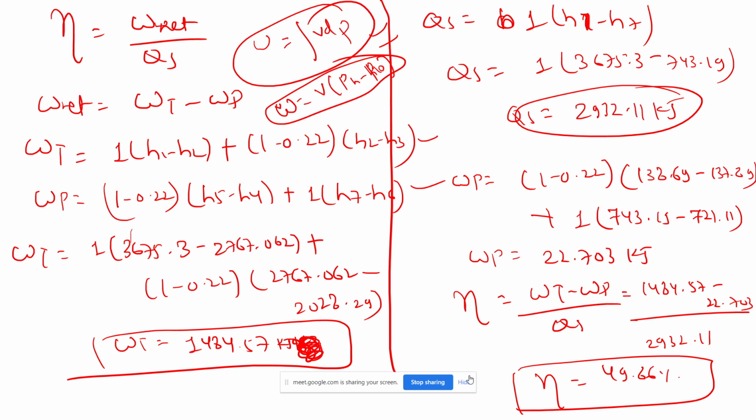In most problems they won't ask you to consider the pump work; they will ask you to assume pump work to be negligible. So one part is removed. You only have to consider the turbine work and the heat supply. Don't worry. In most problems, if they ask such a big problem, they'll give you the enthalpy at each and every point. You don't need to calculate that.